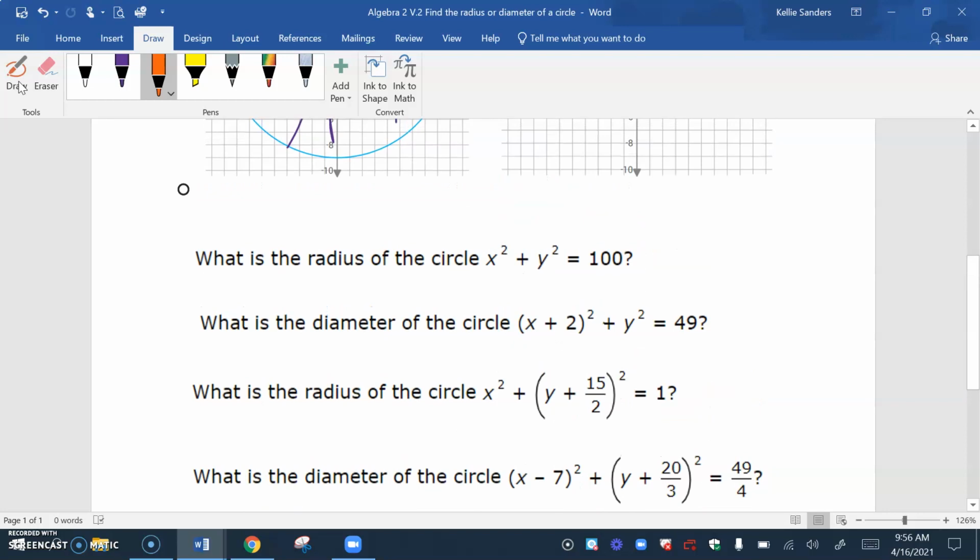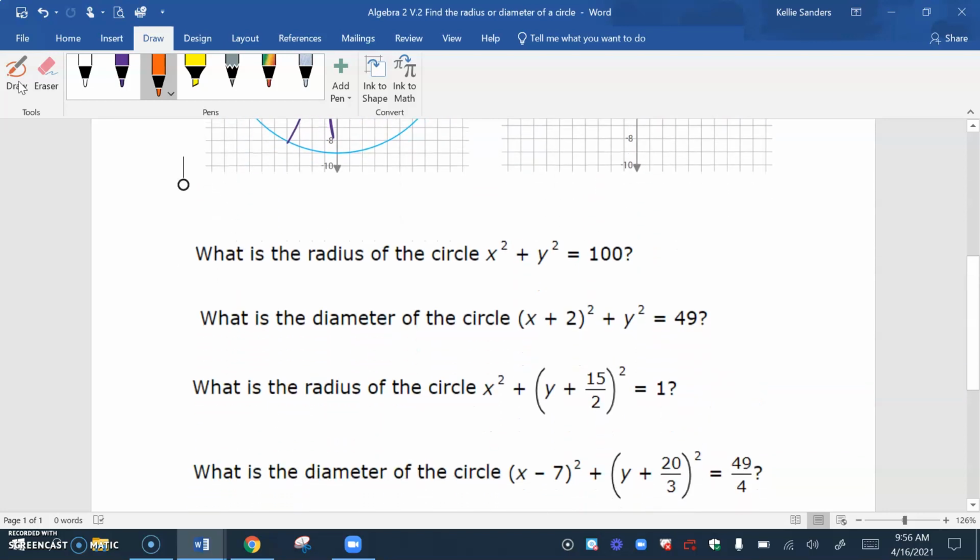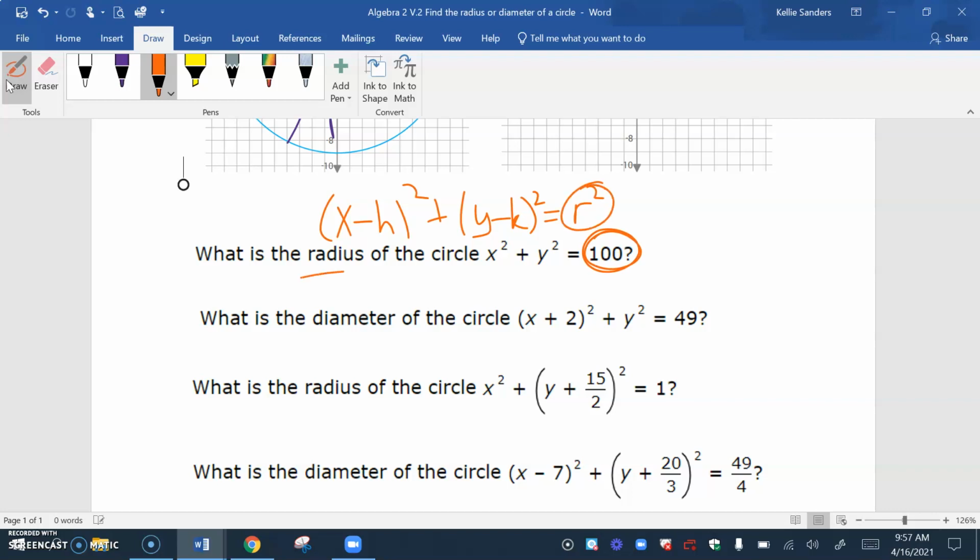And then let me write down what we learned in V1. X minus h squared plus y minus k squared equals r squared. So this number, because we're looking for the radius, r squared equals 100.